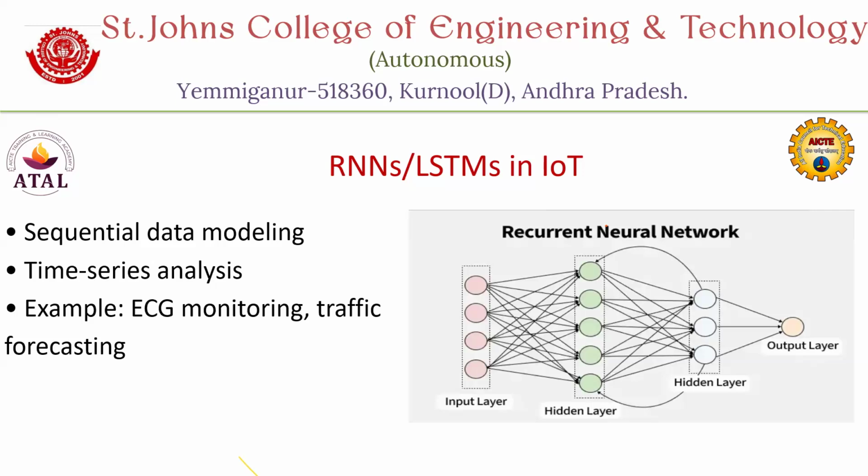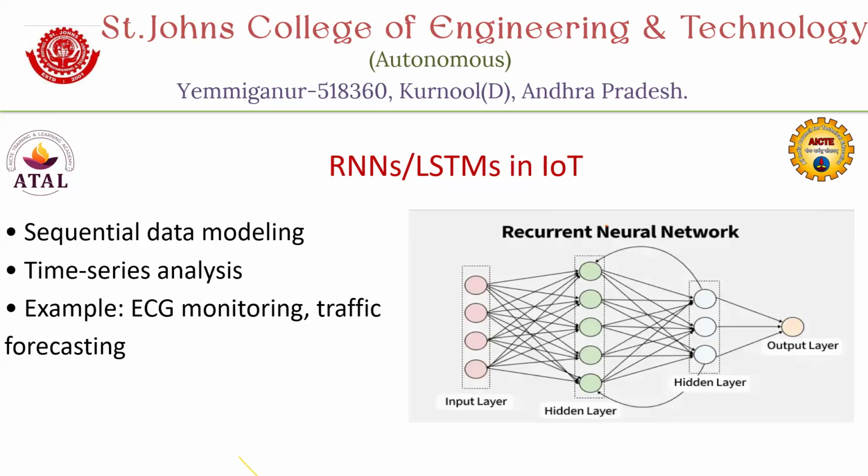I write "Mera", then the next word is linked to the previous word. I cannot write blindly there. The next word I write should be linked with the previous word. Similarly, in recurrent neural networks, the next data is linked with the previous data.